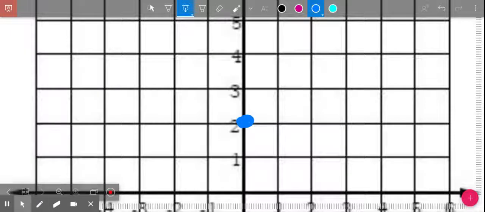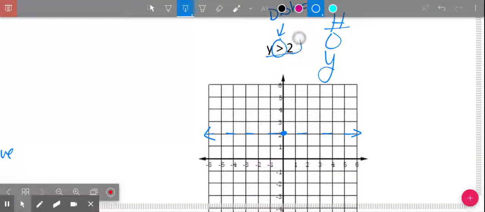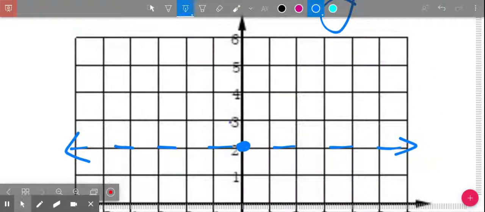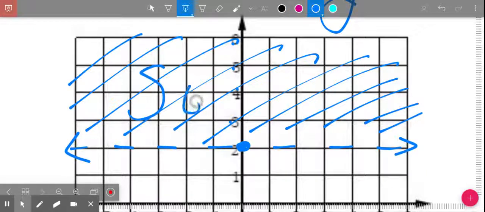And we just said it's going to be a horizontal line, so make sure you dash it. And I want everything that's greater than 2. Okay, I want all the numbers greater than 2. Well, 3 is greater than 2, 4 is greater than 2, 5 is greater than 2, 6 is greater than 2. So that means we're going to shade all those numbers because they're all greater than. And that's going to make this our solutions.